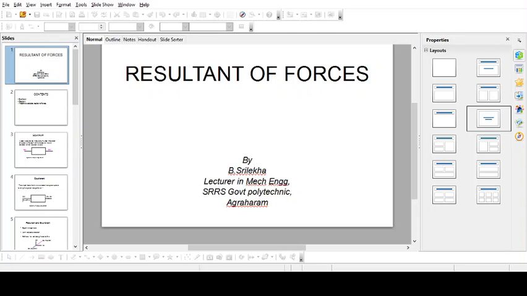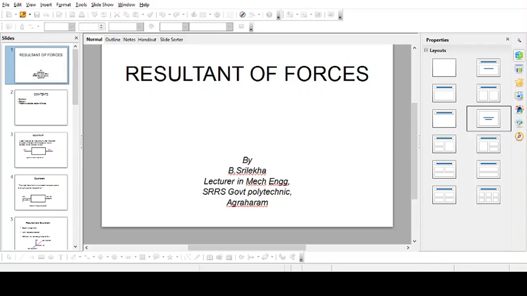Now today we will discuss the resultant of forces. In the previous classes, for the parallelogram law of forces there were two forces and we used the parallelogram. For Lami's theorem there were three forces.